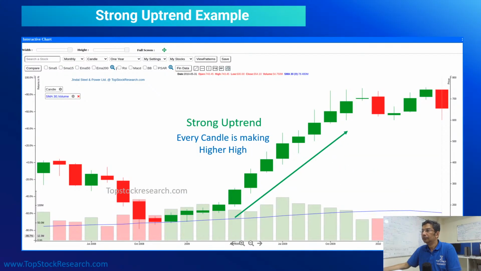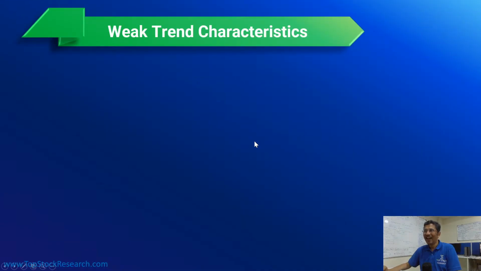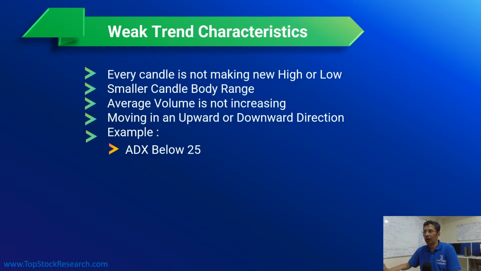Then the second one we have is basically the weak trend characteristic, right? What is a weak trend characteristic? Where every candle is not making higher high, higher lows, right? It's not necessary that if it is an uptrend it will make higher high, higher lows in every tick. There could be a trend that is up, but after a couple of candles it is coming down, or maybe there's a retracement, because that's how the price continuously moves, in upward directions or downward directions, right?